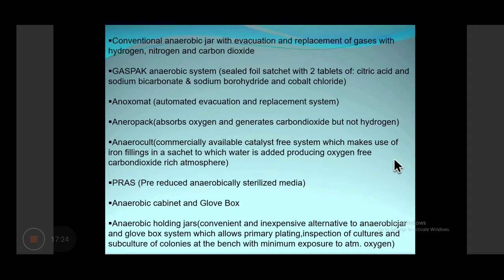So these are the conventional anaerobic jar, gas pack anaerobic system, Anoxomat, Anaeropac, and Anaerocult. A commercially available catalyst-free system is made of iron filings in a sachet to which water is added, producing an oxygen-free, carbon dioxide-rich atmosphere. PRAS is pre-reduced anaerobically sterilized media where we use the roll streak technique. And there can be an anaerobic cabinet, an anaerobic glove box, and an anaerobic building jar, which are inexpensive.